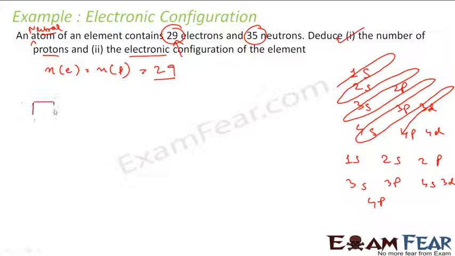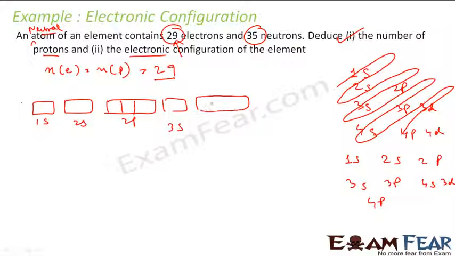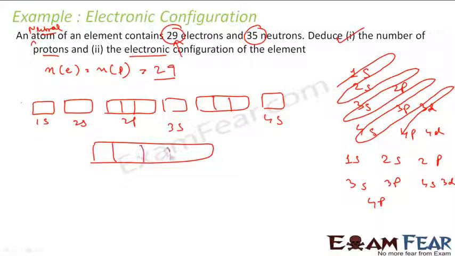So this will be 1s, 2s, 2p, 3s, 3p, then 4s, then 3d, right? D will have how many? 5 orbitals, 10 electrons, 3d. Then I have 4p.